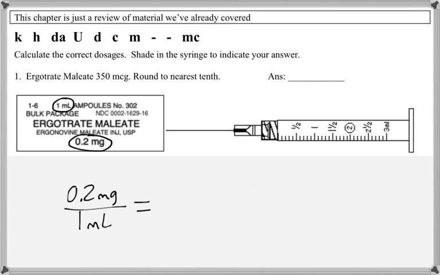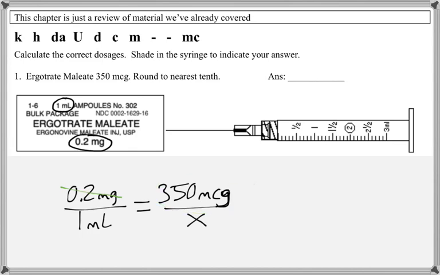And our order is coming in at 350 micrograms. And before I can solve the proportion, I need to get my units to match up. So I'm going to convert this one, but you could convert this one if you wanted to.